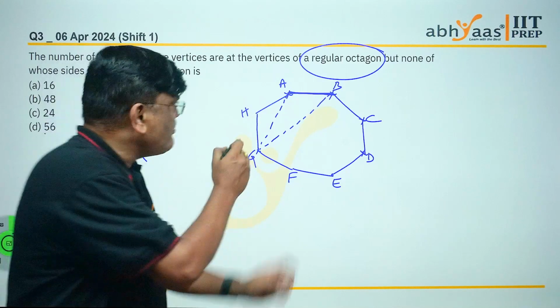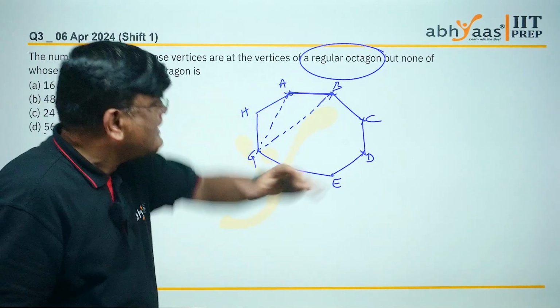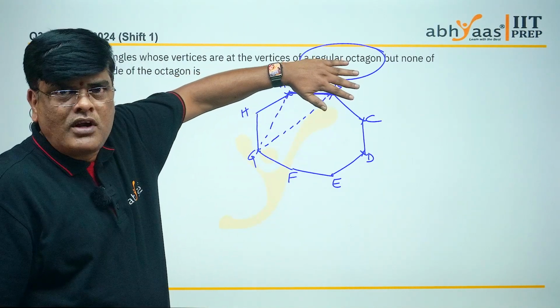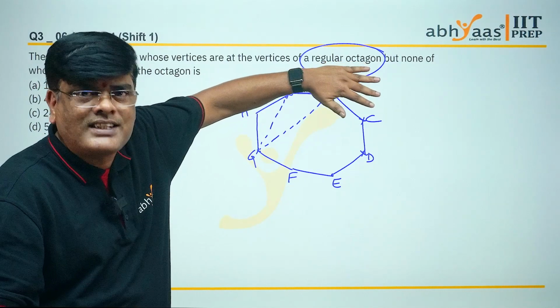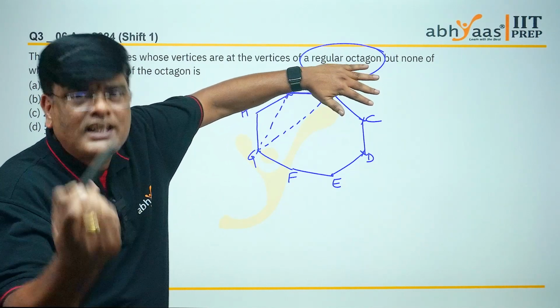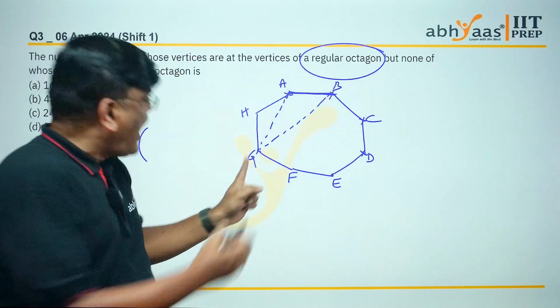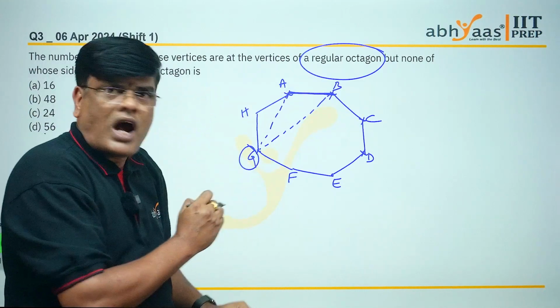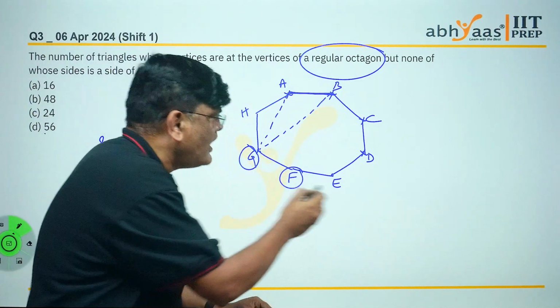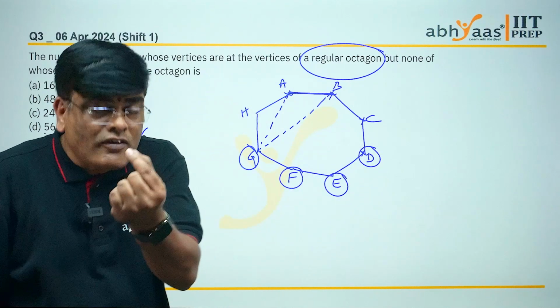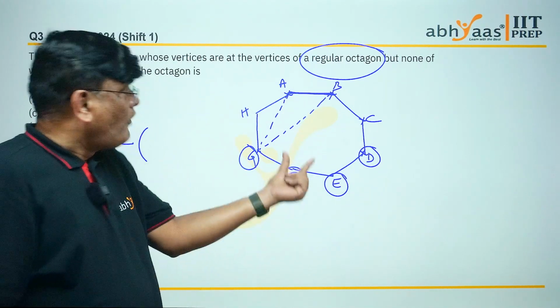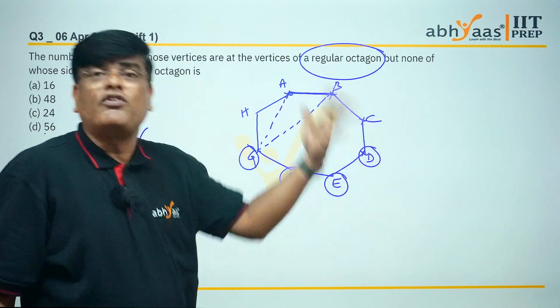So especially when I consider the side AB, in how many ways can we choose the third vertex such that they have one side in common? I can select G, or F, E and D. That means from one side, we have 4 points.